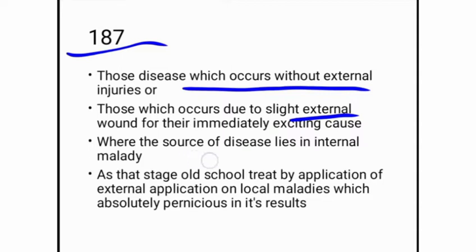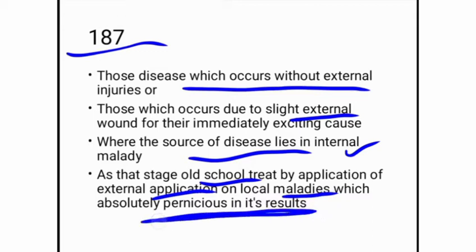At that time the source of the disease lies in the internal malady, inside the body. If an external application is given for this local malady, it becomes more pernicious, the result becomes very mischievous, and no cure occurs at all.